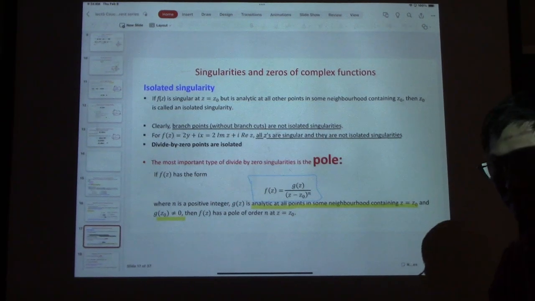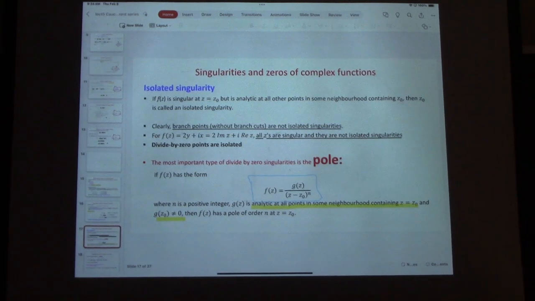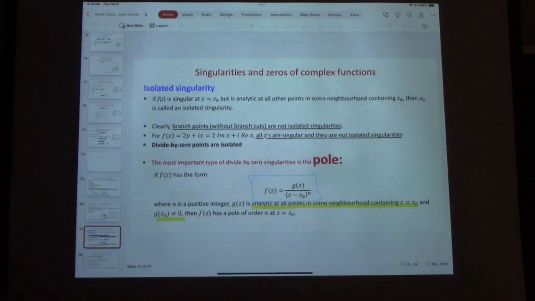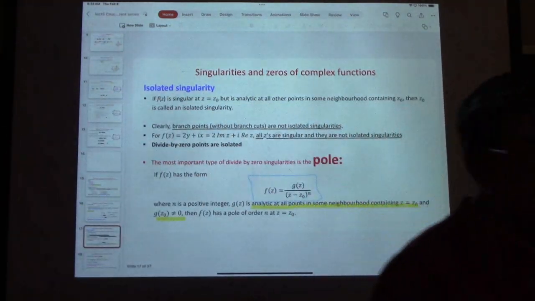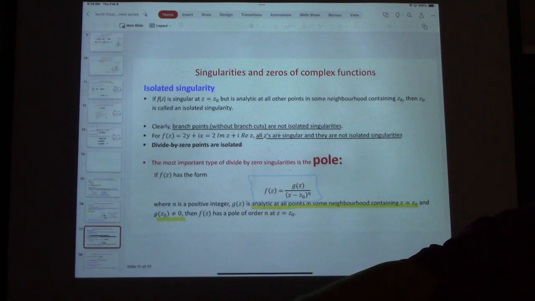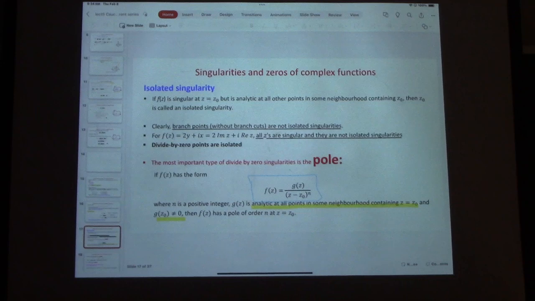And then we talk about singularities. There are different kinds of singularities. The basic concept of singularity is if at a certain point the function is not analytic, at that point is a singular point. So singularity in complex analysis is not the same as divide by zero, even though divide by zero is one of the singularities.